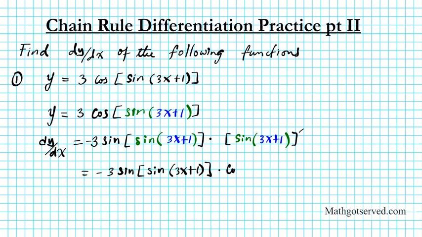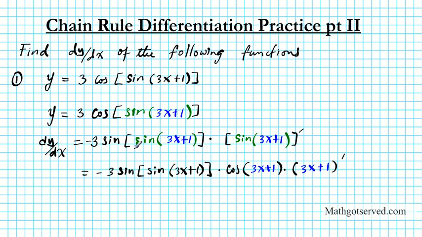So it's going to be cosine of, now the innermost function, we'll hold that fixed, 3x plus 1, and then that times the derivative of the innermost function. The innermost function is 3x plus 1 quantity prime.